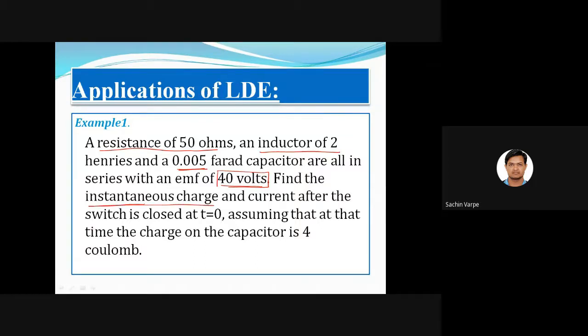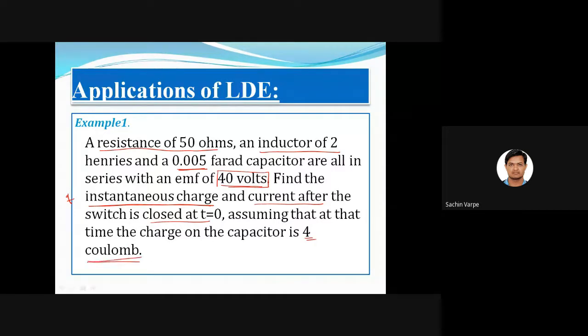We are asked to find the instantaneous charge q, small q or capital Q, and the current I after the circuit switch is closed at t equals 0. Assuming that at that time the charge on the capacitor is 4 coulomb.